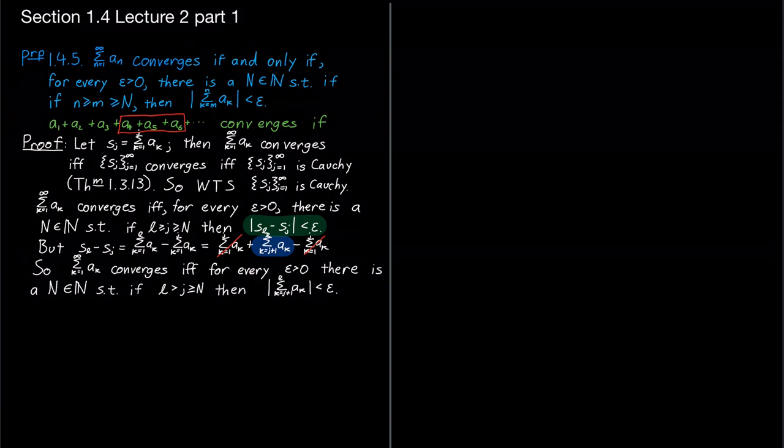So, all right, now we just need to contend with the fact that these N and M's. So why don't we name the N in the definition of Cauchy sequences?